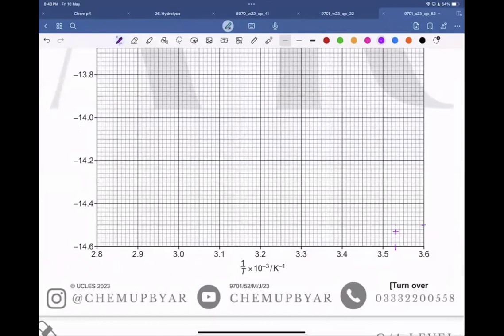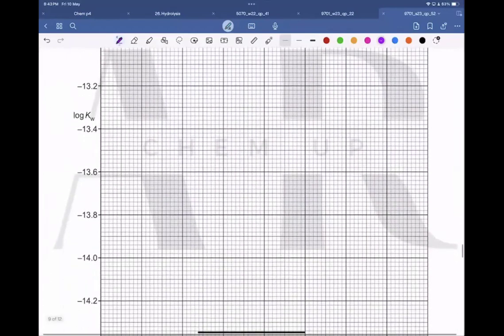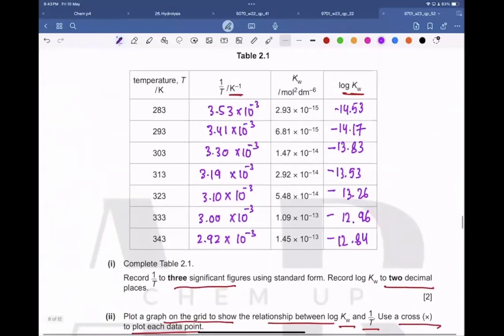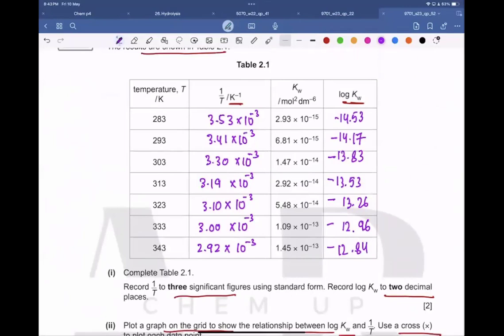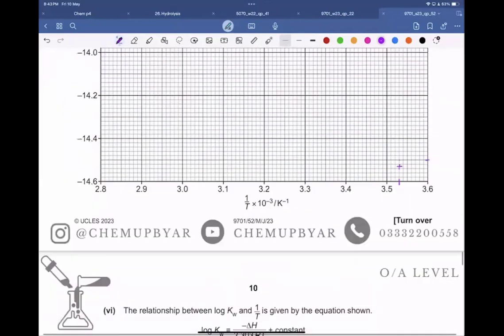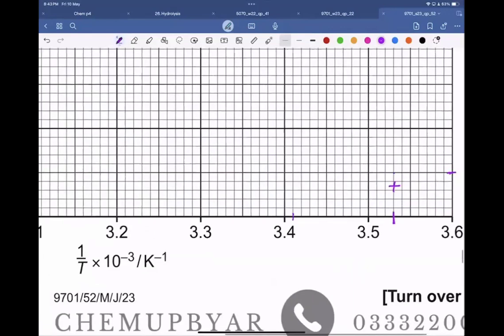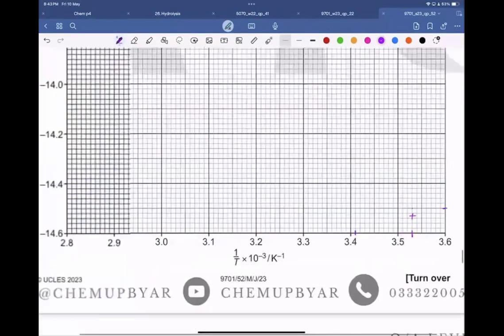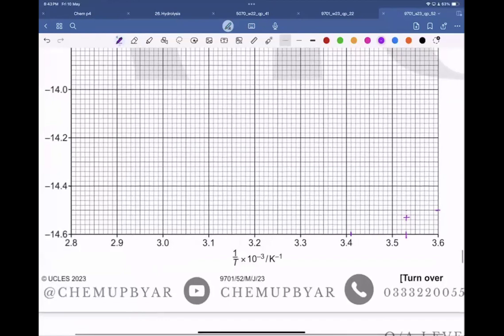Okay. Then next is 3.41 and 14.17. 3.41 and 14.17.